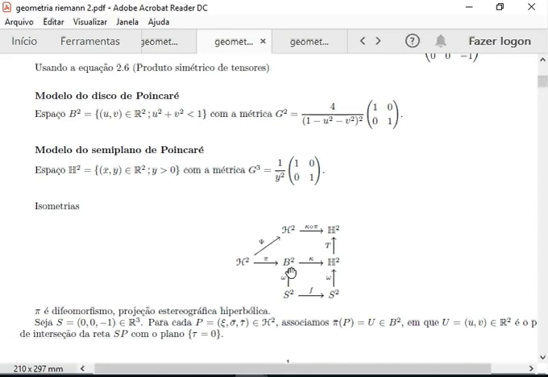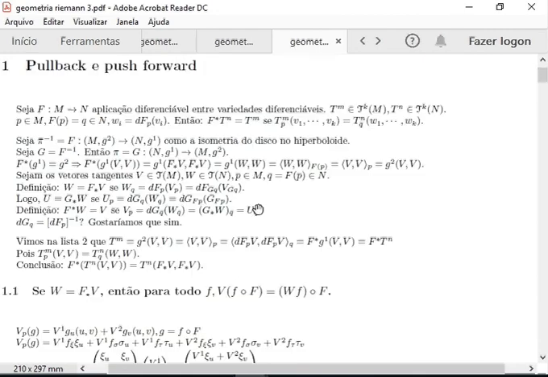P inverted is from the ball to the hyperboloid. Let G be F inverted. Therefore, P is G from (N, g1) to (M, g2).